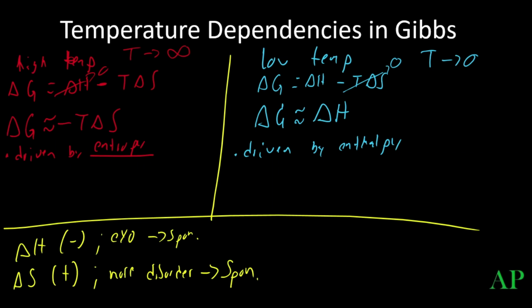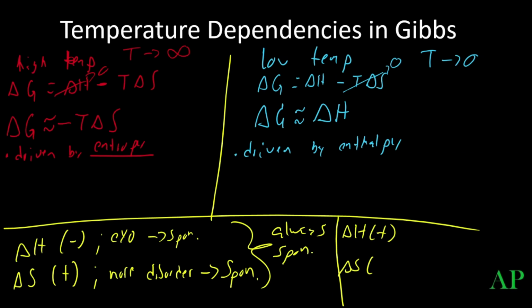When you have an exothermic reaction with an increase in disorder, that is always spontaneous. And when we have an endothermic reaction with a decrease in entropy, that is never spontaneous.